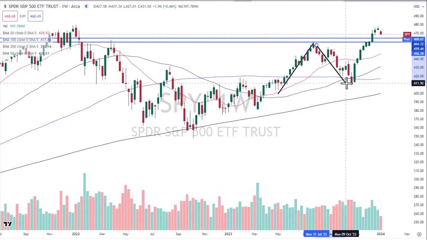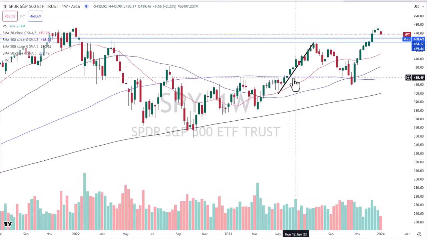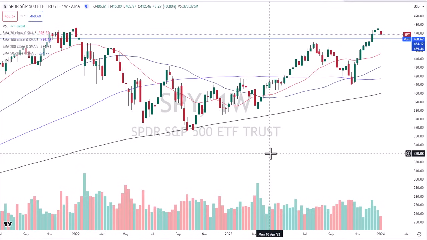So what happened after that? Once they went back up and above that area, that became a breakout area. 459.44 is that place. So now we have two numbers of importance, 464 and change, and a spike below 460. 460 is a big fat round number, so there are a couple of reasons why that's important.